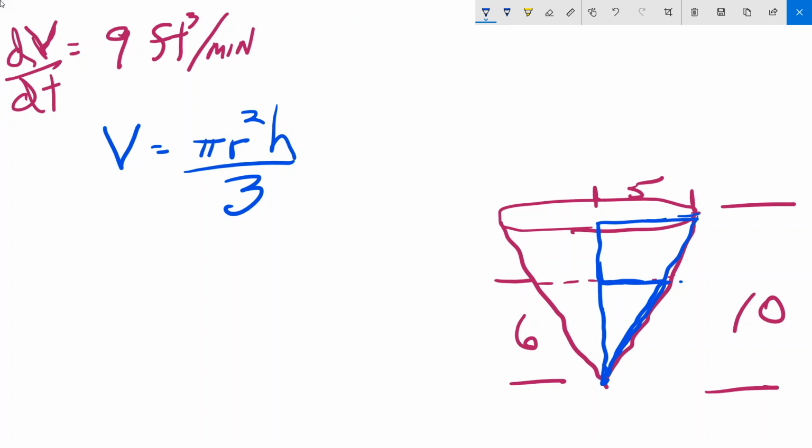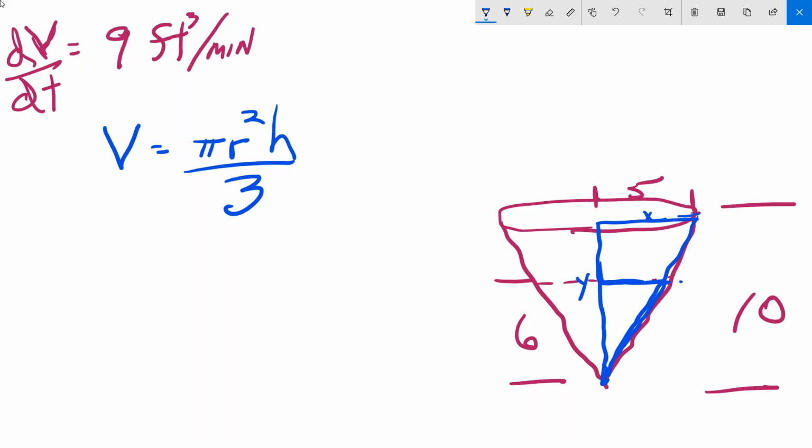They're similar triangles. So what does that tell us? If I let that be x and that be y, we know that in the big triangle, the height is 10 and the radius is 5. So what's true in the little triangle?